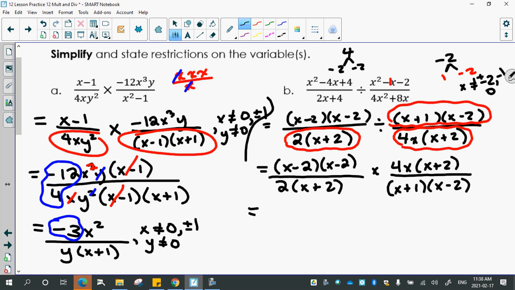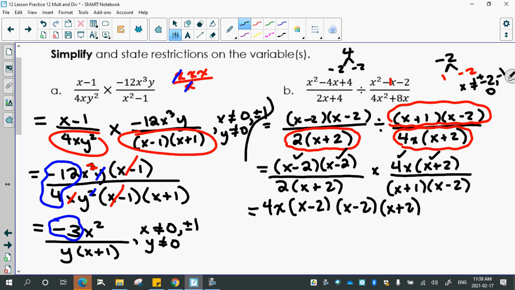So, who thinks they know what term I would write first if I'm following the rules? When I multiply the tops together. 4x, yes, the monomial, 4x. Then it doesn't matter, I'm going to have all my binomials. So x minus 2, check, the 4x, check, x minus 2 again, check, and x plus 2.